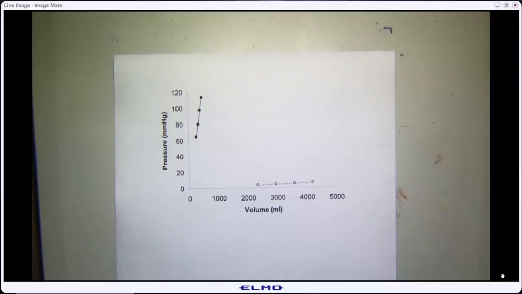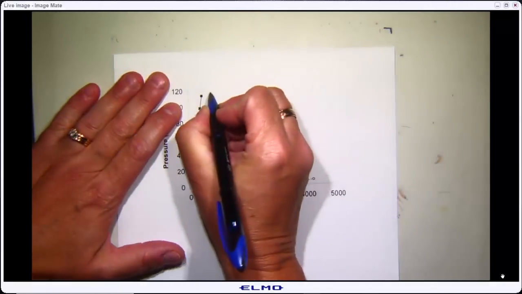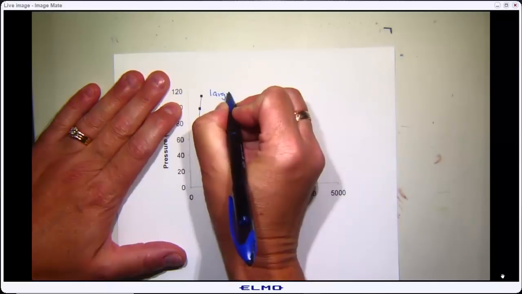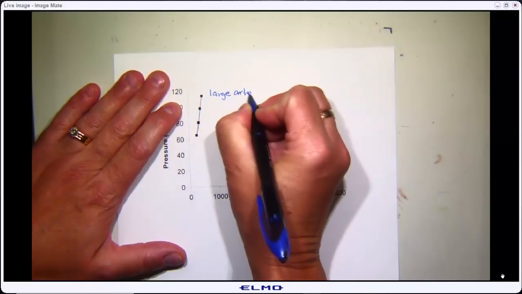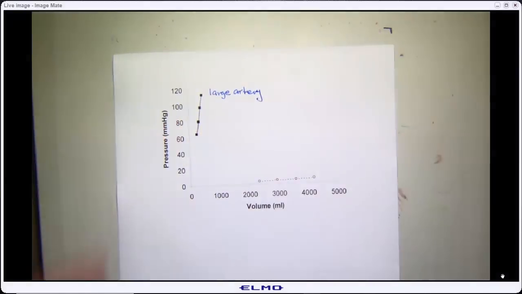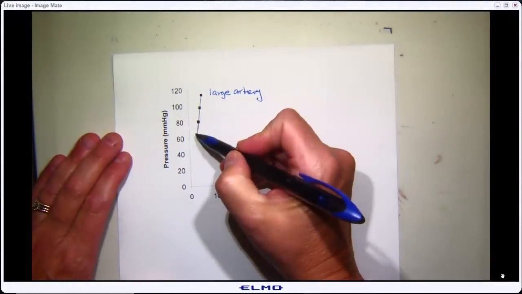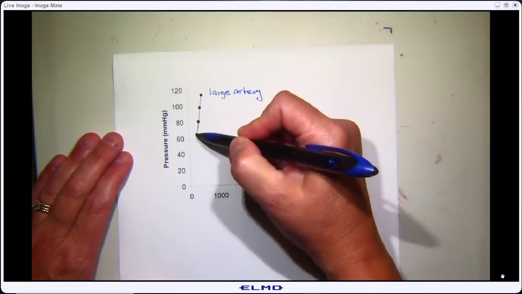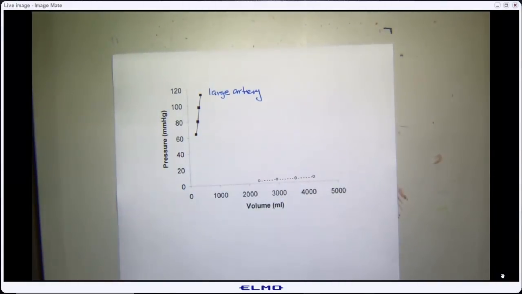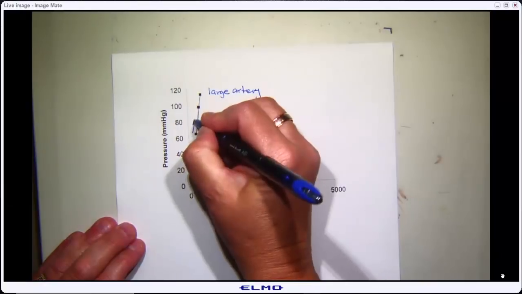Okay, so if I have, let's say, a large artery, the aorta, and have a small amount of volume in it. Okay, we're talking about 100 mils, let's say. And then I add a small amount of volume, let's say 20 more mils to it. The pressure goes way up.